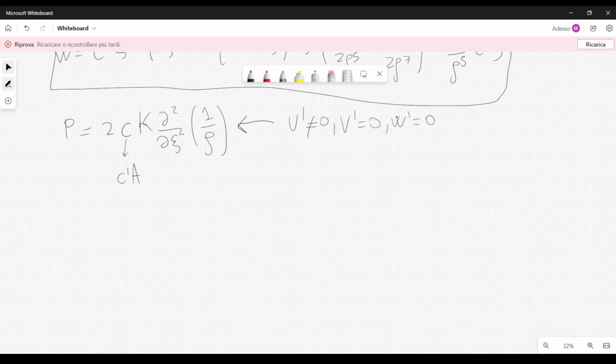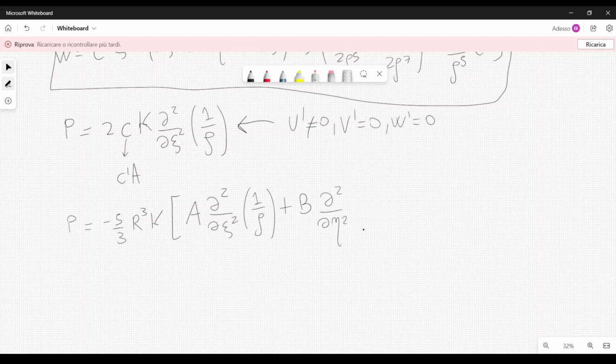So in order to find pressure, we have minus 5 over 3 r cubed times k, and then here we have a times d squared d xi squared of 1 over rho plus b d squared d eta squared of 1 over rho plus c d squared d zeta squared of 1 over rho.